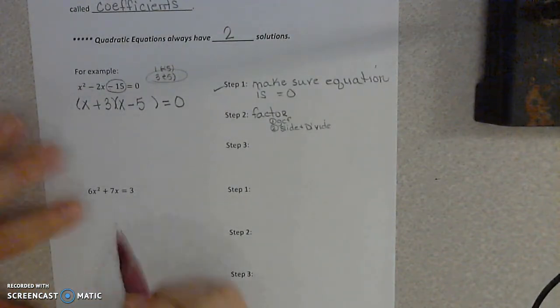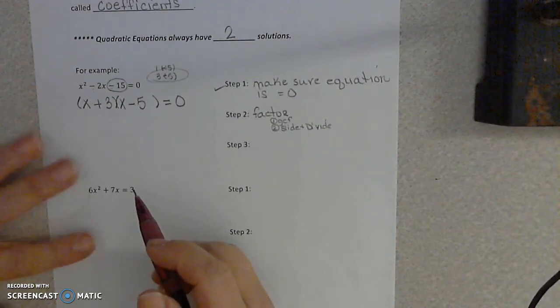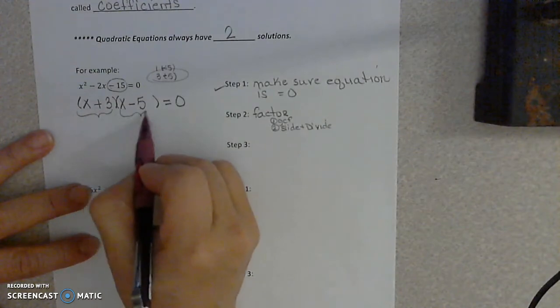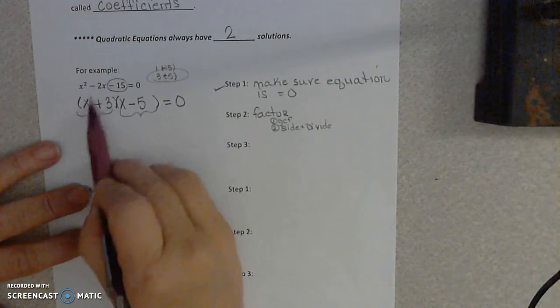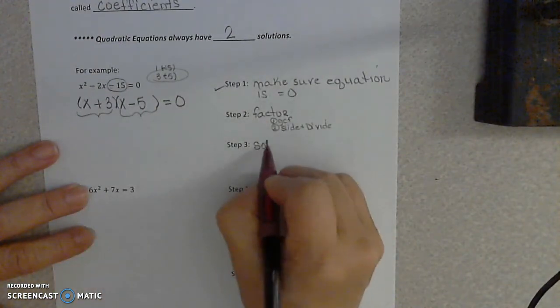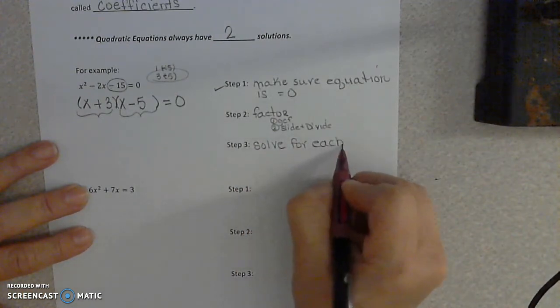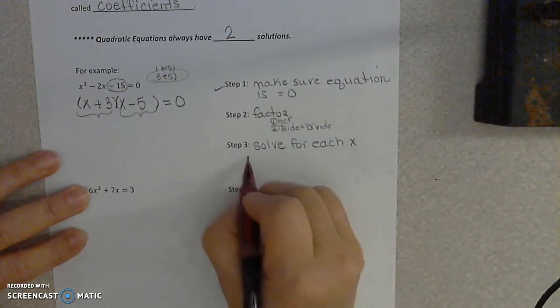Okay, so all that we've been doing. The only new part, which really is not new because you just did it when you were solving linear equations, is that each one of these now are linear factors because they're x to the first power. So step 3 would be solve for each x, or each linear factor.